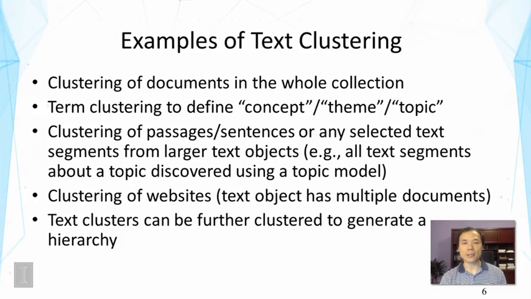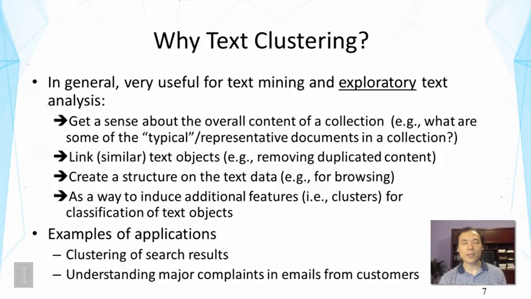In this way, we might group authors together based on whether their published papers are similar. Furthermore, text clusters can also be further clustered to generate a hierarchy. That's because we can, in general, cluster any text object at different levels.